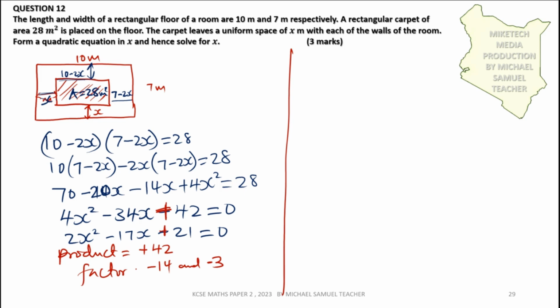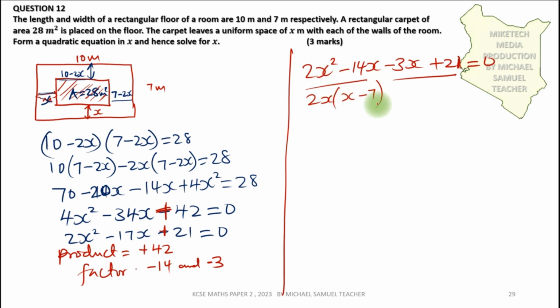So we write it in the expanded form, and that will be 2x squared minus 14x minus 3x plus 21 is equal to 0. So take in pairs and factor out. So 2x is common, and we have x minus 7. The other part, 3 is common, so we factor out minus 3, and therefore we have x minus 7, close the bracket, equal to 0.